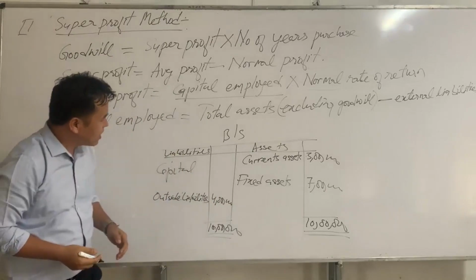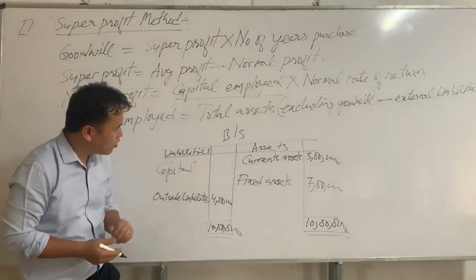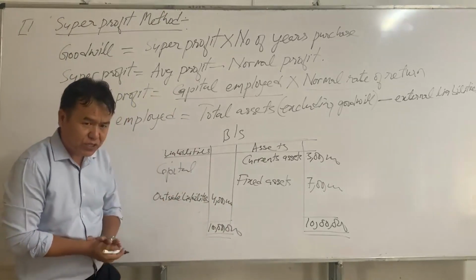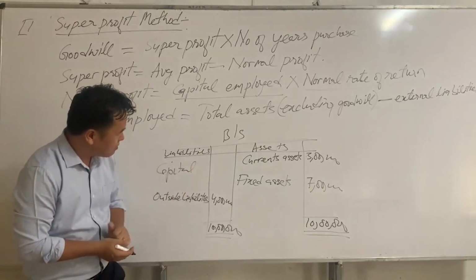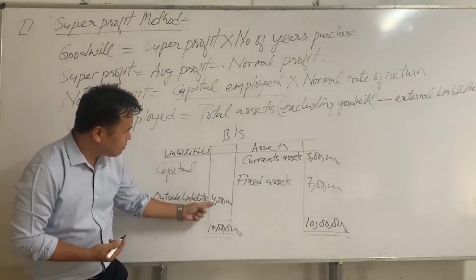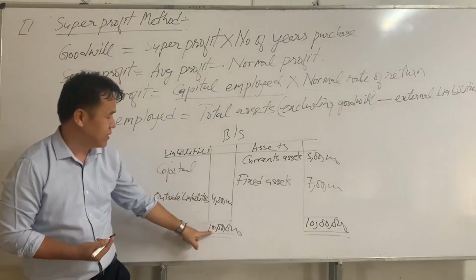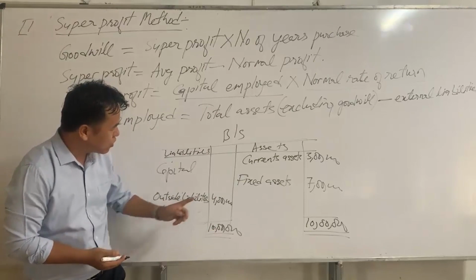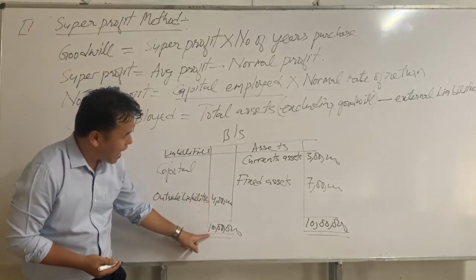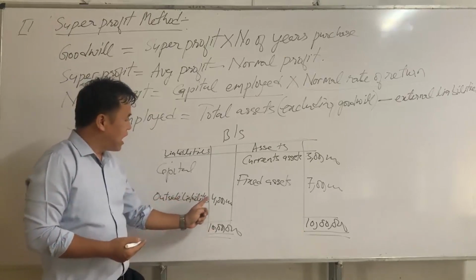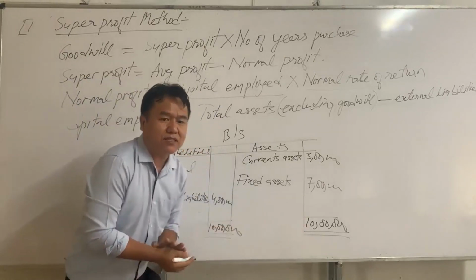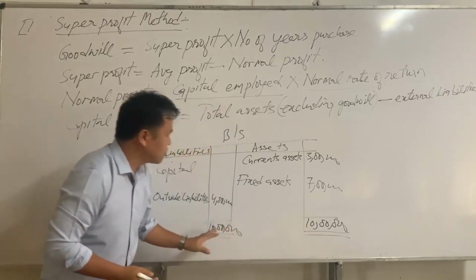Now tell me, can we find the value of capital from this information? Yes, obviously we can find the value of capital by deducting outside liabilities from total liabilities, or outside liabilities from total assets, since total assets is equal to total liabilities.